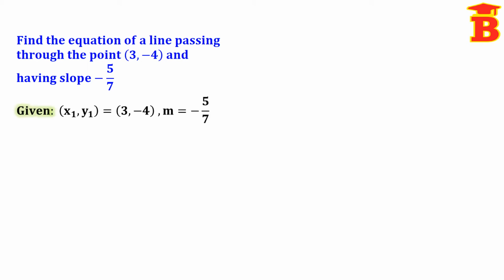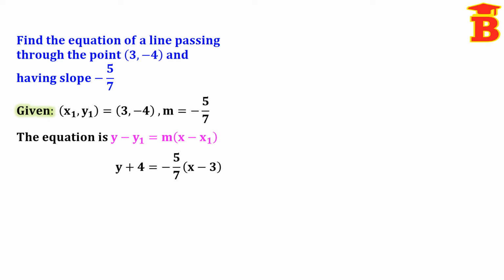Given the point (x1, y1) = (3, -4) and the slope m = -5/7. So the equation is y - y1 = m(x - x1). Write the formula and substitute the values.